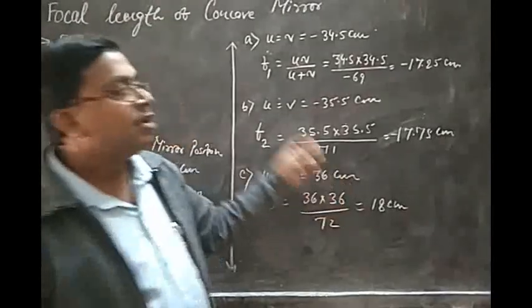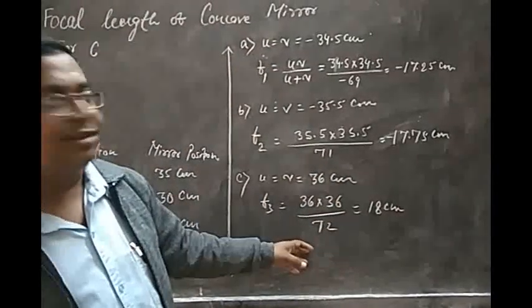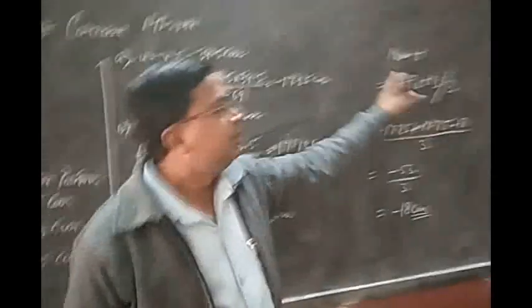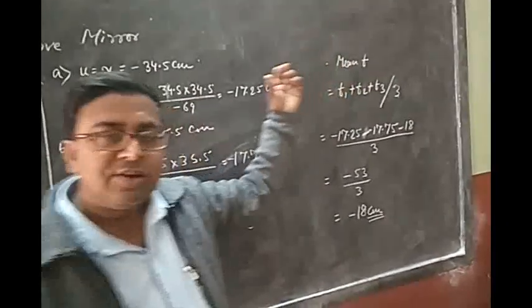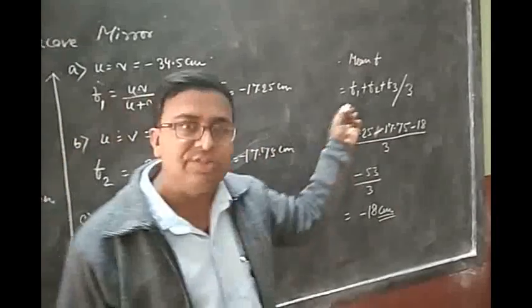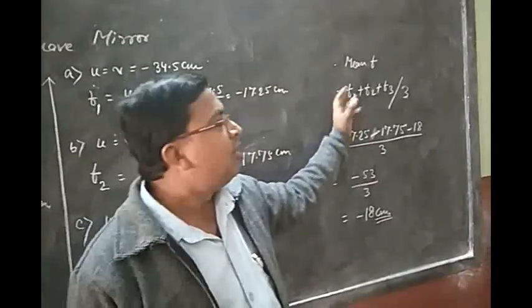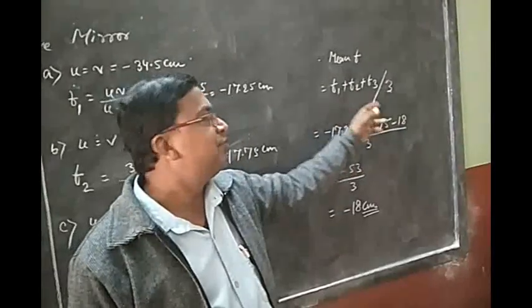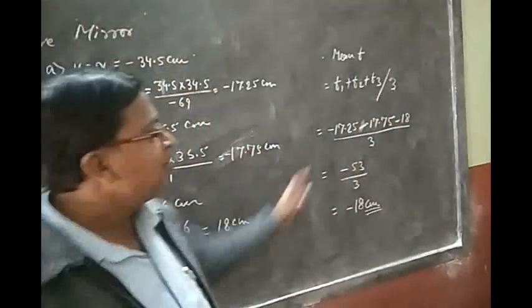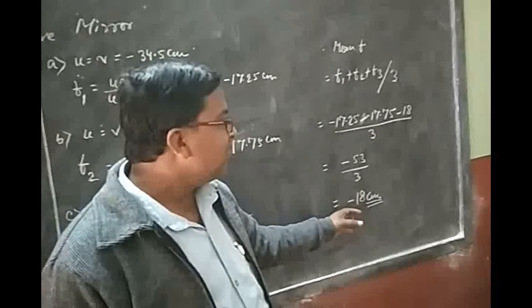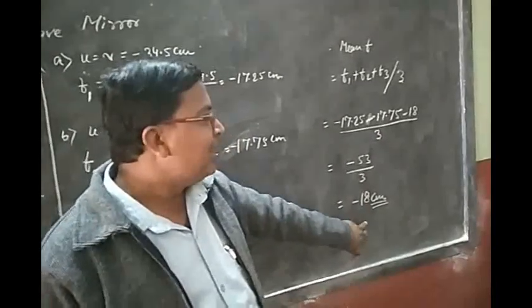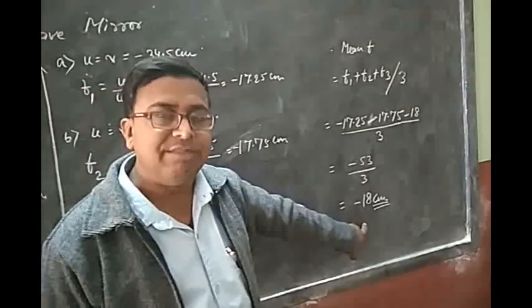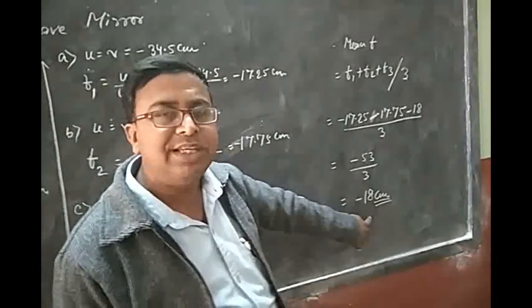So we got three different values, three focal lengths. At last we find the mean focal length of the concave mirror we used here. That is the average of all three focal lengths, F1 plus F2 plus F3 divided by 3. By putting in the values, we get approximately 18 centimeter, about 17.66.